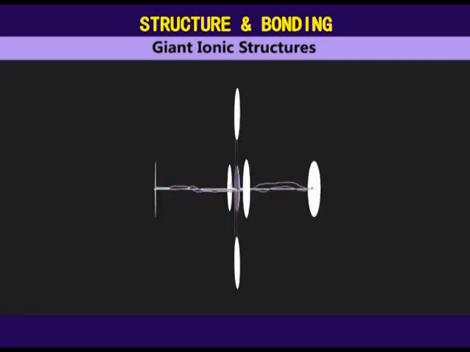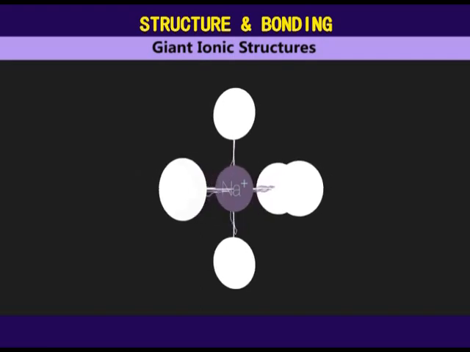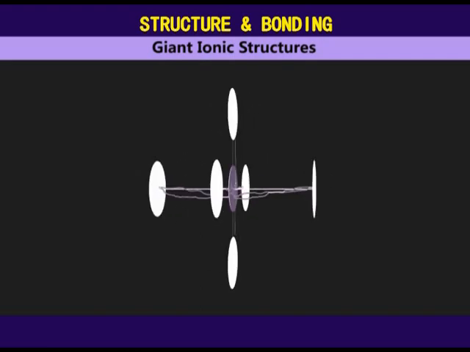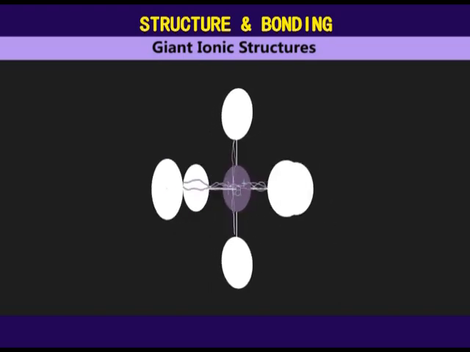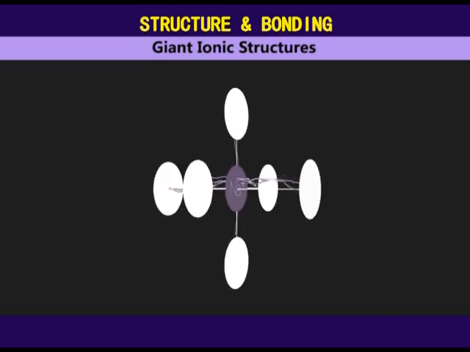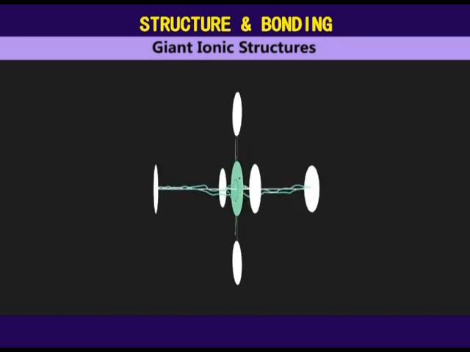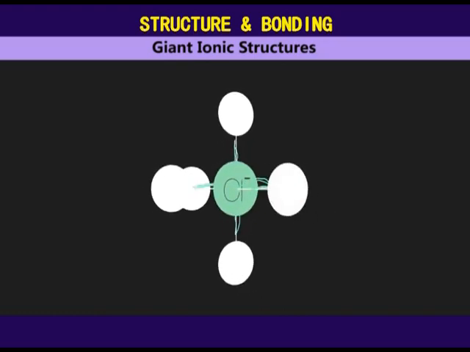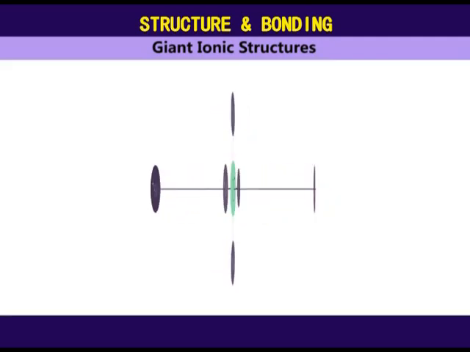The electrostatic attraction in a lattice structure is very strong. Each sodium ion is held in place by the electrostatic attraction of 6 neighboring chloride ions in all possible 3D directions. And similarly, each chloride ion is held in place by the electrostatic attraction of 6 sodium ions also in all possible 3D directions.